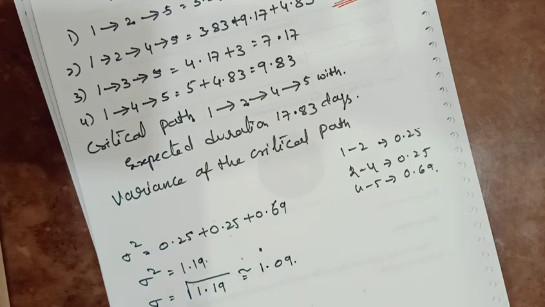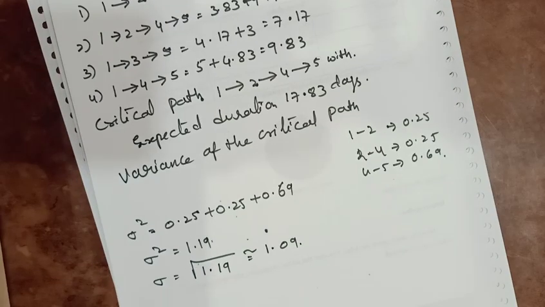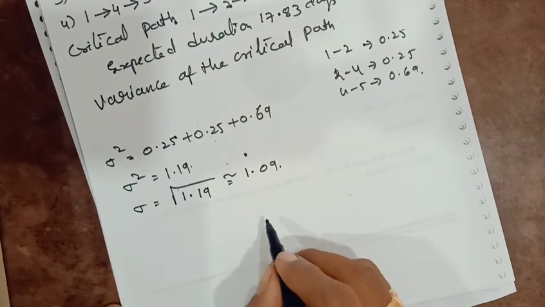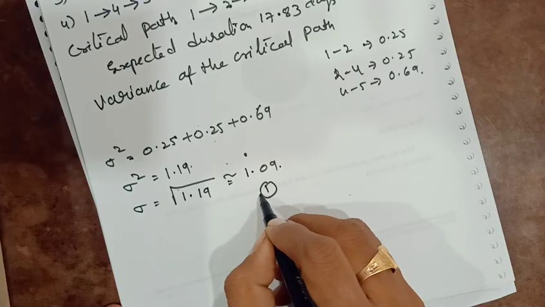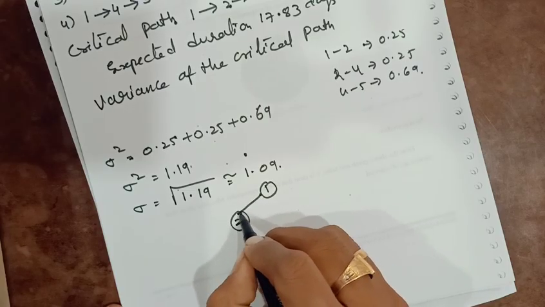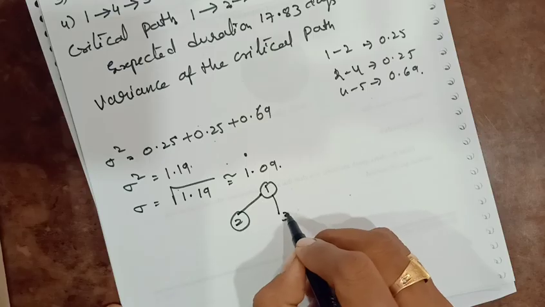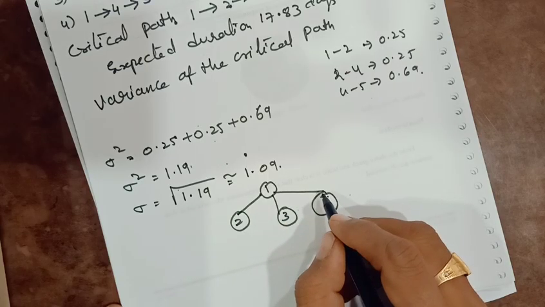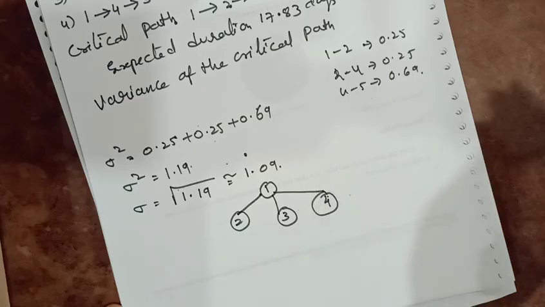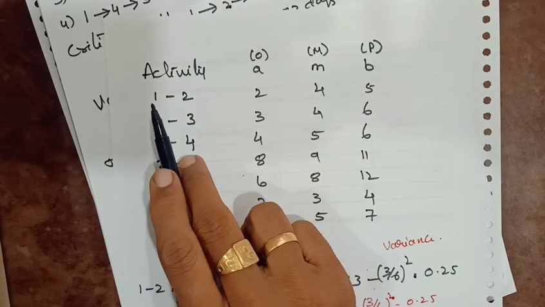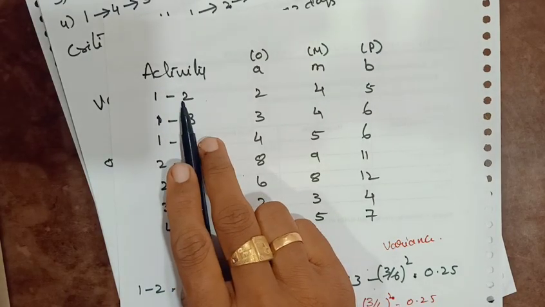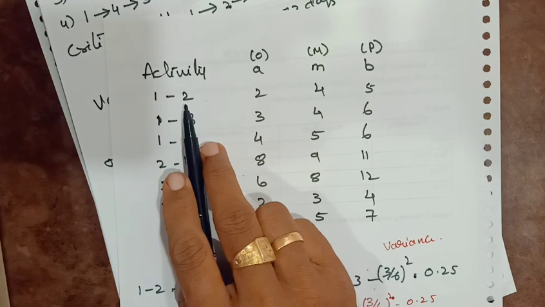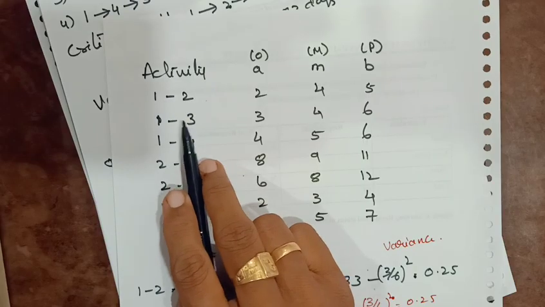approximately 1.09. Now if we draw the network for this, as I told you, the first node is having 2, 3 and 4. For the first activity we have three other activities related after the completion of the first activity: 1 to 2, 1 to 3, 1 to 4.